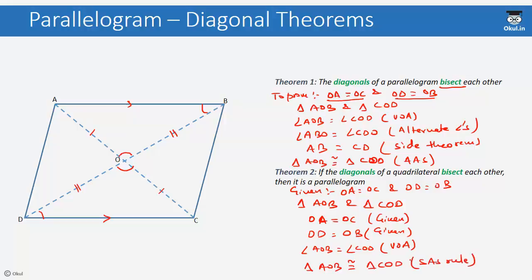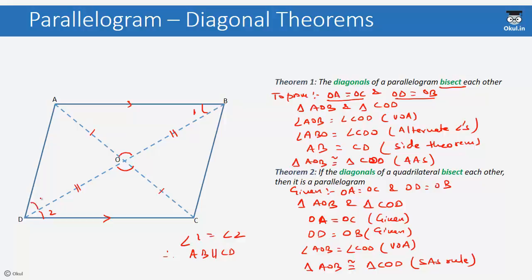And since the corresponding angles will now be equal, angle 1, that is this angle, is equal to angle 2. And since these two are alternate interior angles, I can say that AB is parallel to CD.